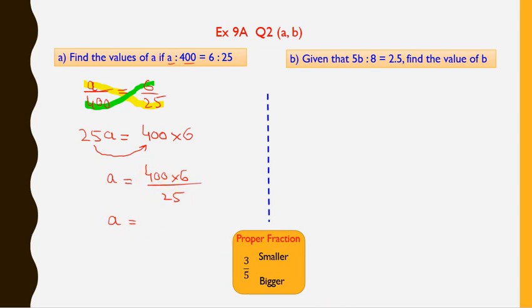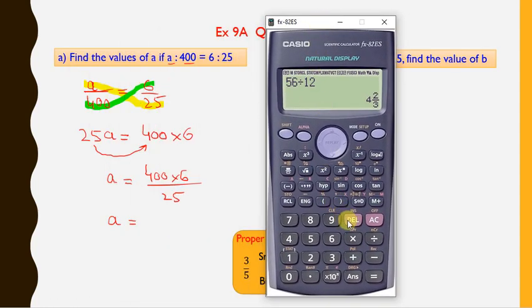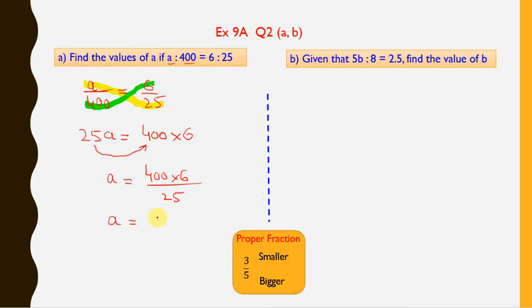Now you can do the calculations. We have 400 times 6 divided by 25, and we have 96. So that is our answer, 96. Just like that. It's very easy.